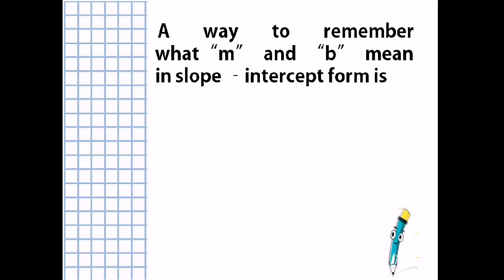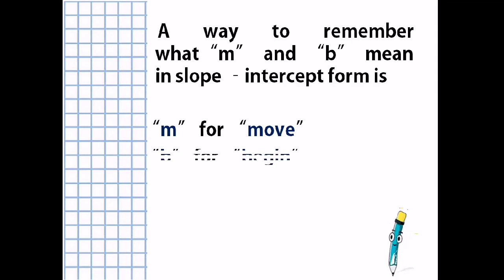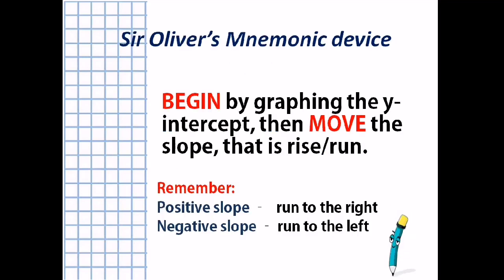A way to remember what m and b mean in slope-intercept form is, remember, slope-intercept form is y equals mx plus b. So m for move, b for begin. Again, m for move, b for begin.